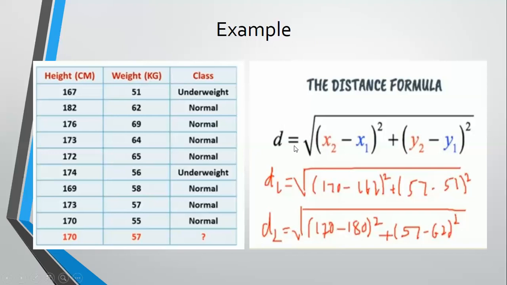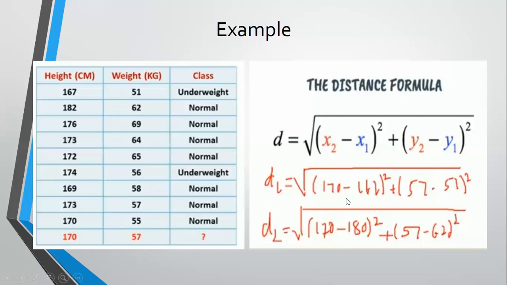That is, distance equals the square root of (x2 minus x1) the whole square plus (y2 minus y1) the whole square. Here x2 and y2 are the new data values, for which we are going to find the class, and x1 and y1 are our data set values.